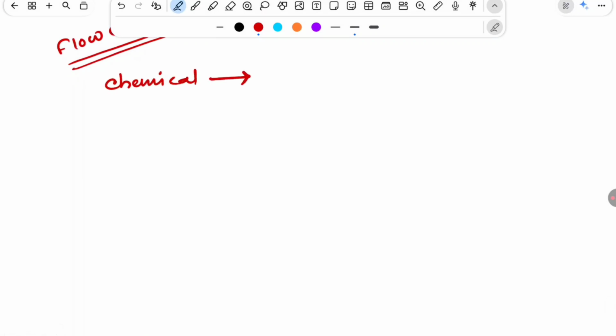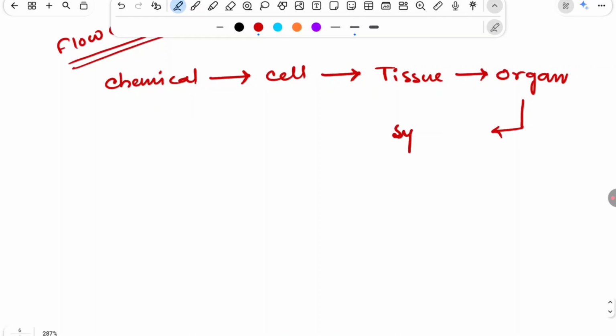Chemical, then it will go to cell or cellular, then it will form tissue, then organ. Next, organs will form system. Systems will form the organism.